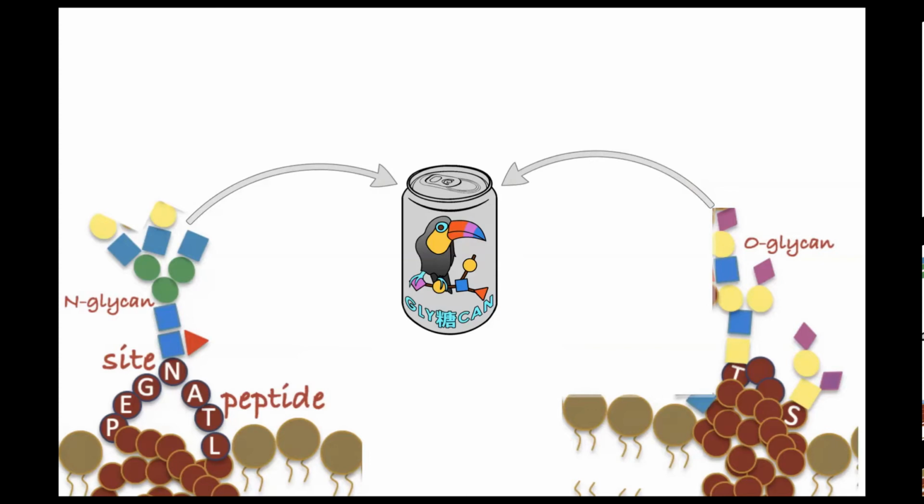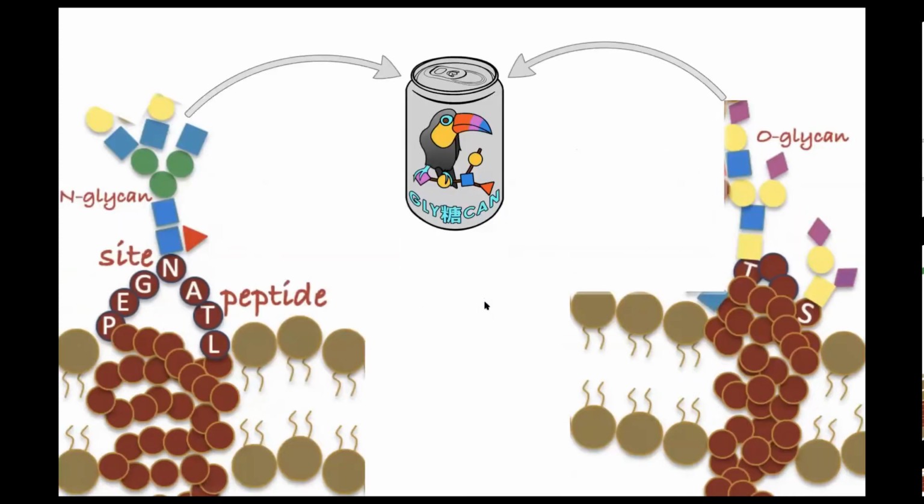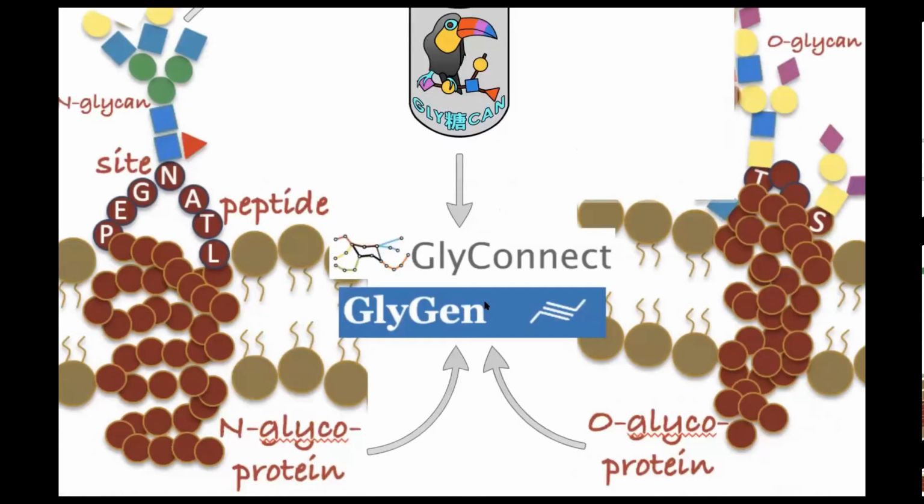Unfortunately, with sugars, we don't have that habit yet. We are enforcing that habit as much as we can, and Glycan is here to serve that purpose. So we are also collecting the information on the glycoproteins in relation to the glycans. And this is the effort that will be shown with GlyConnect and Glygen.